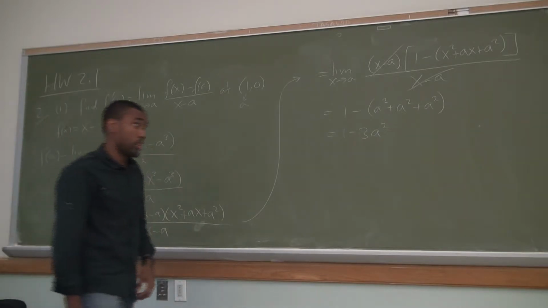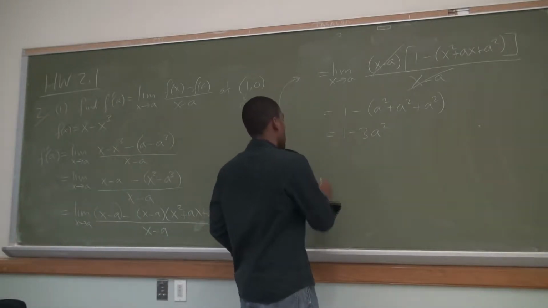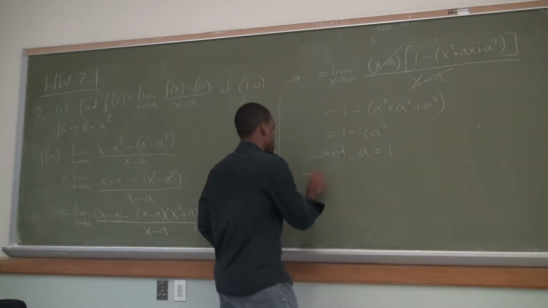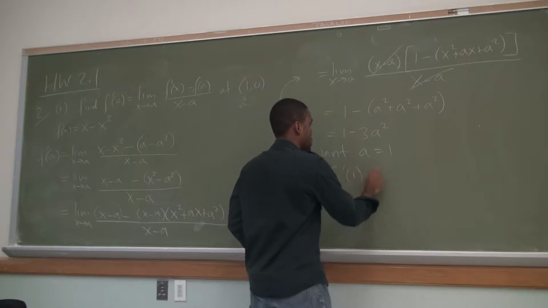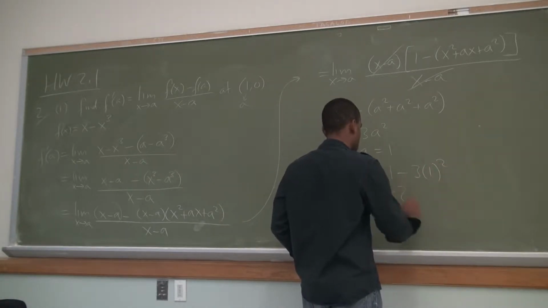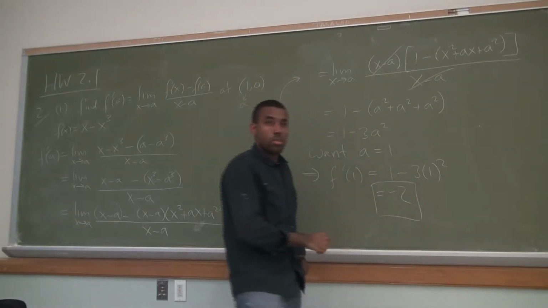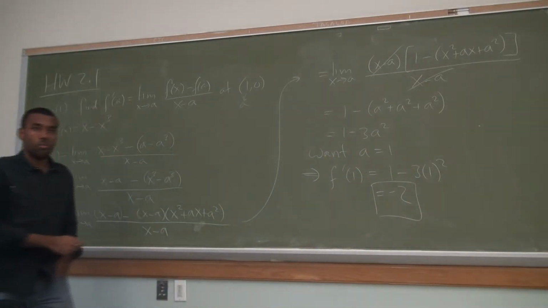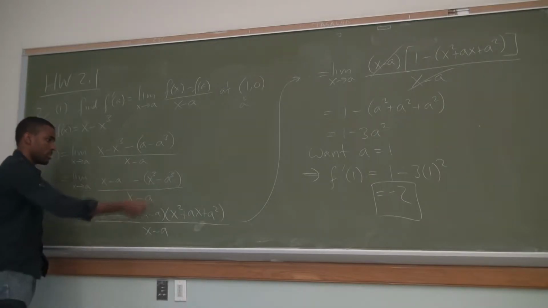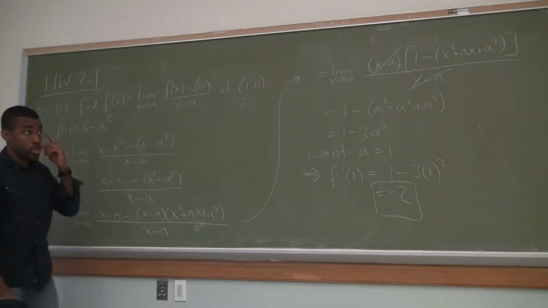You can double check your answer here. And now we want a equals 1. So f prime of 1 is just 1 minus 3 times 1 squared. Okay? So the difference of two cubes formula is the thing to remember.